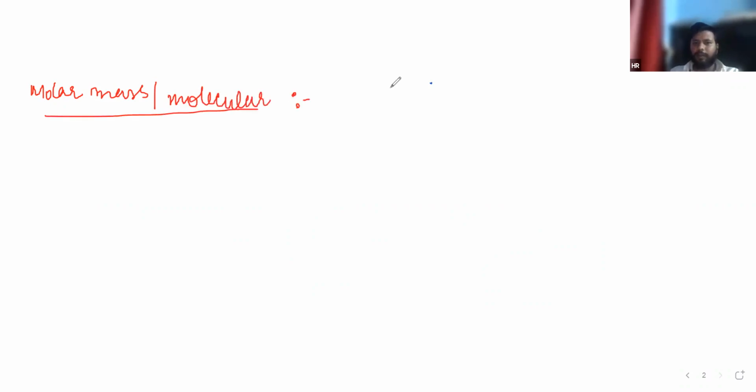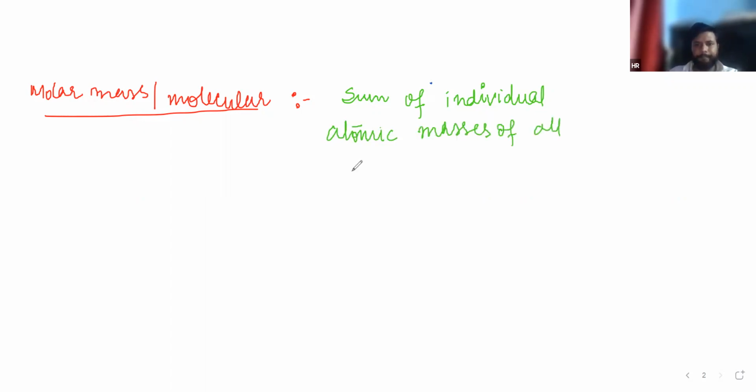Here we have a term which is molar mass or molecular mass. Basically it is the sum of the individual atomic masses of all elements present in a molecule.